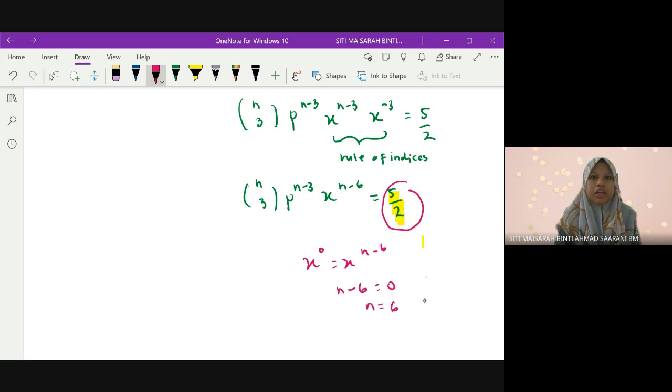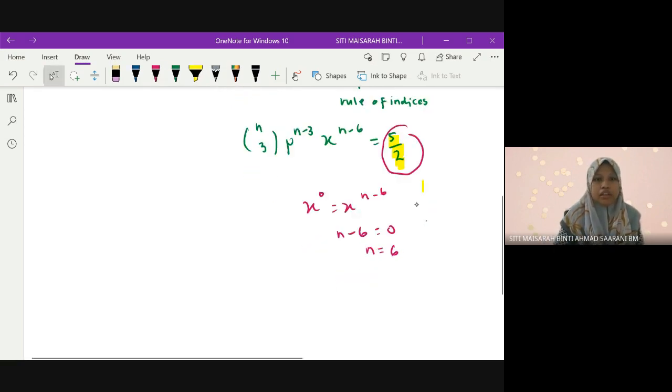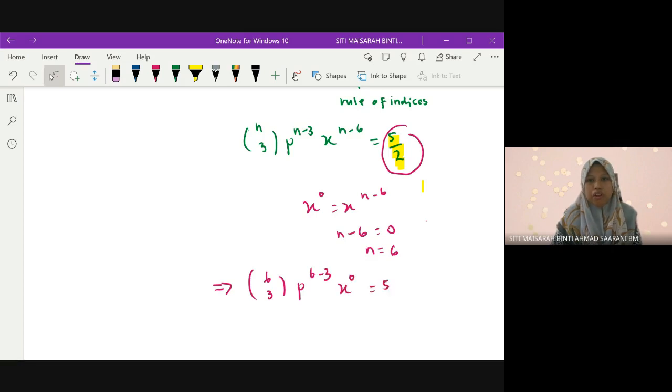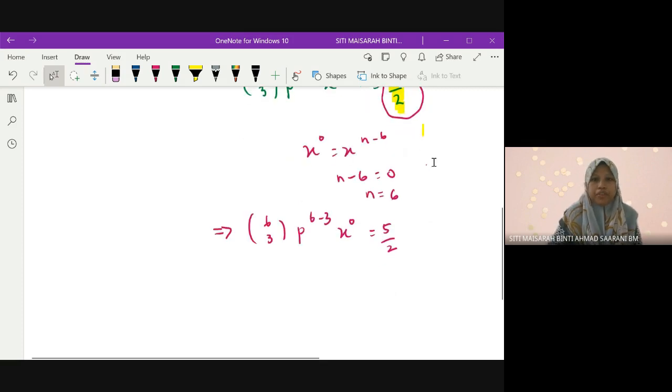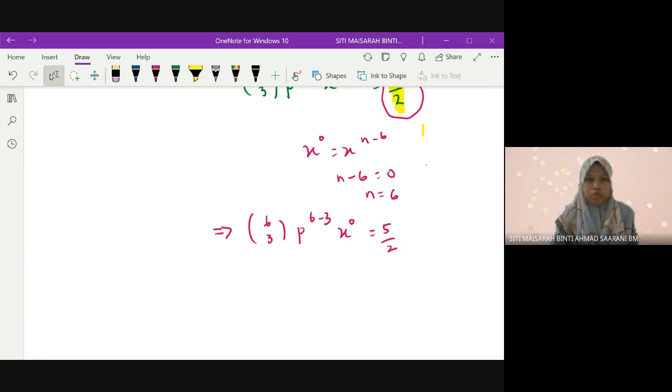Once we get n equals 6, we can substitute: 6C3 P power 6 minus 3 times X power 0 equals 5 over 2. X power 0 becomes 1. 6C3 is 20, so 20 P power 3 equals 5 over 2.